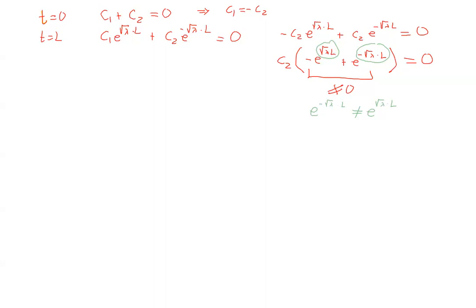Okay, that's what is going on here. And so since this is different from 0, that implies that C2 has to be equal to 0. Yes, but if C2 is equal to 0, then unfortunately C1 is equal to 0. And that is trouble. That's exactly what we didn't want to have.